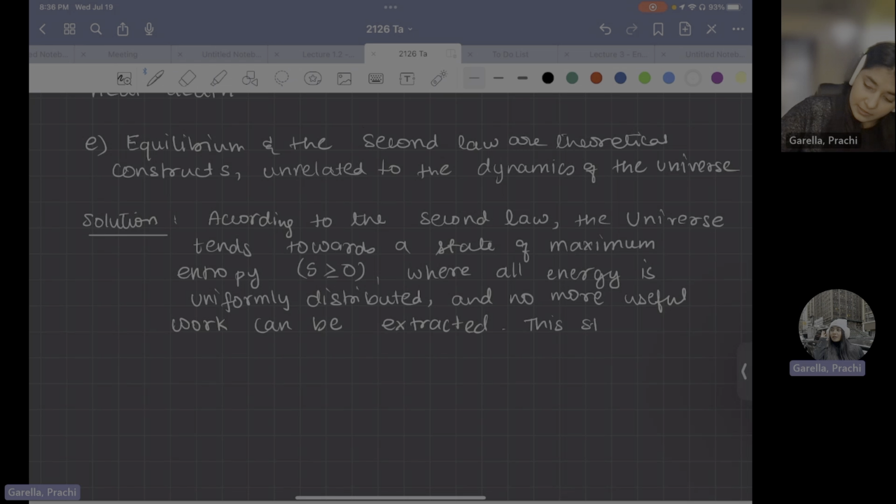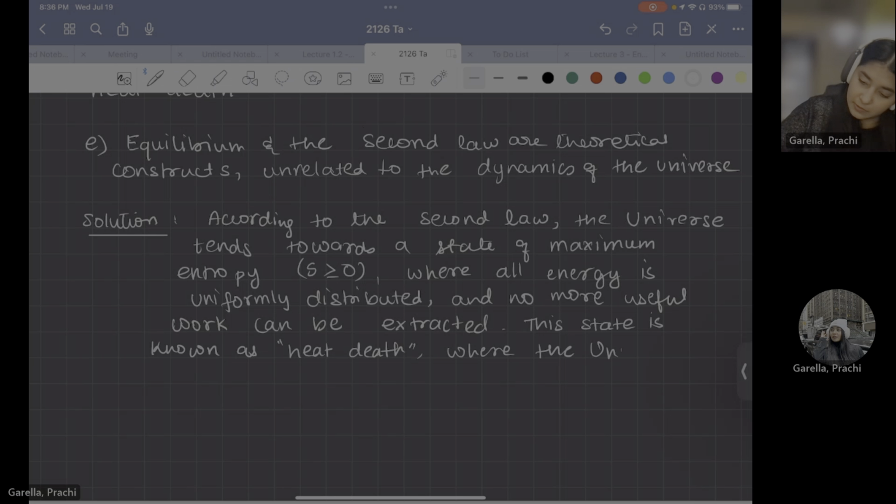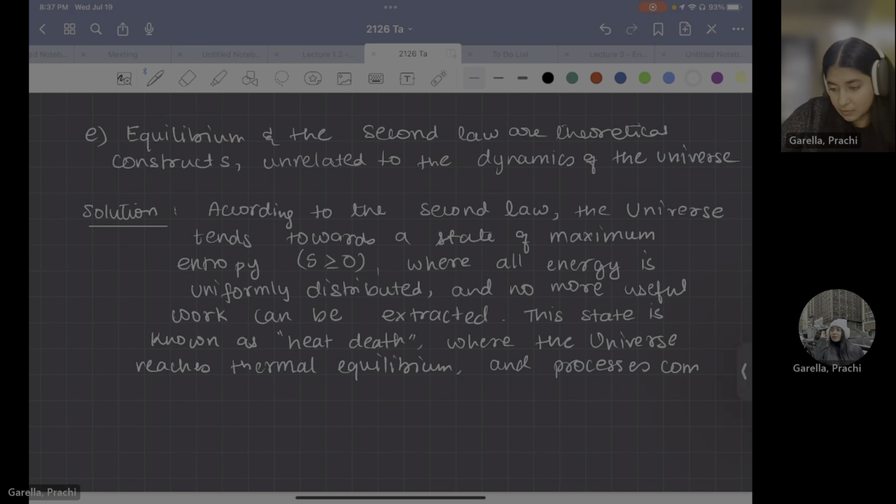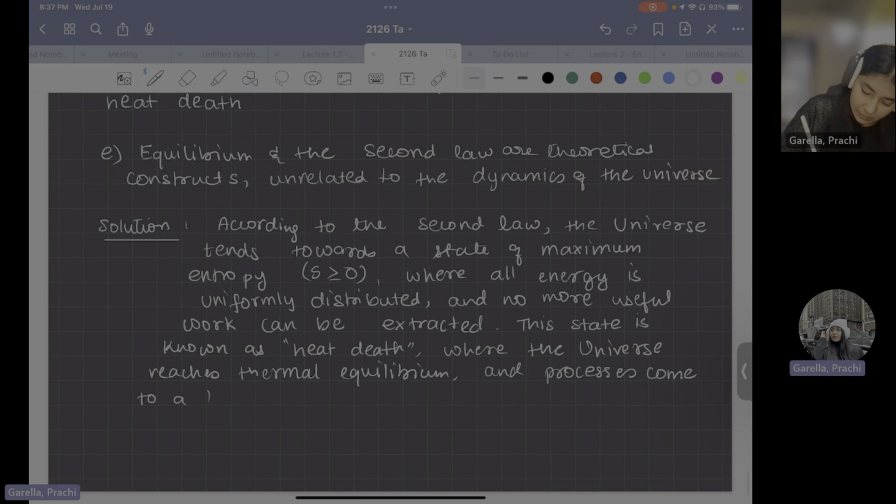And this state is known as heat death, where the universe reaches thermal equilibrium and processes come to a halt.